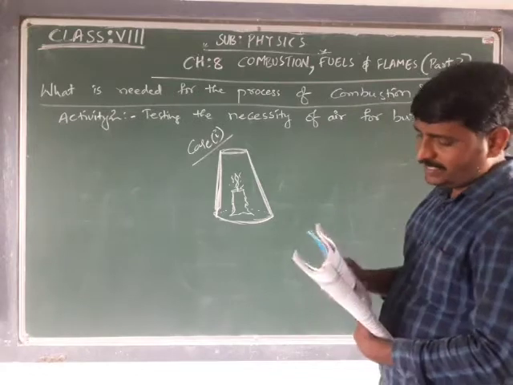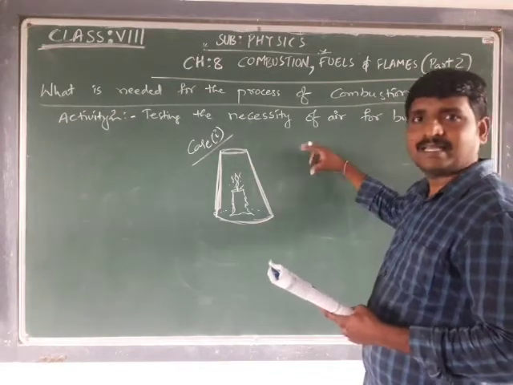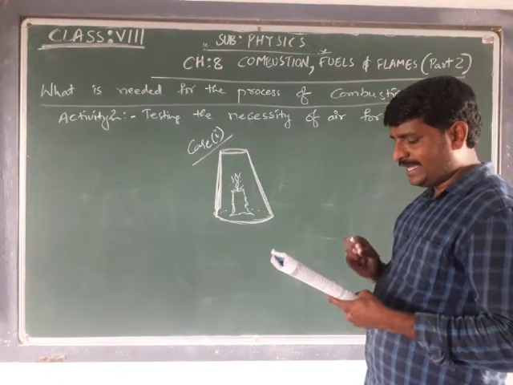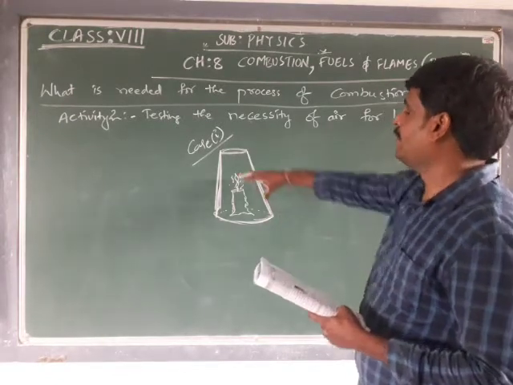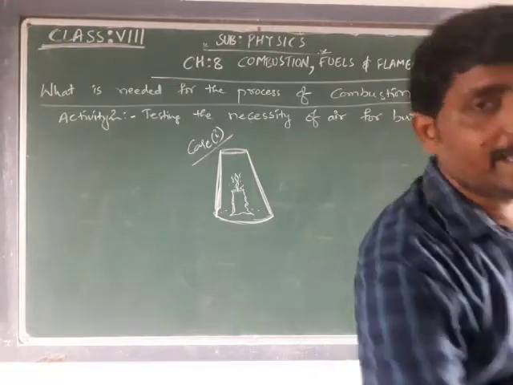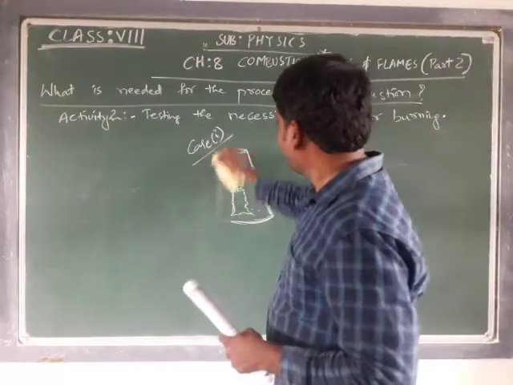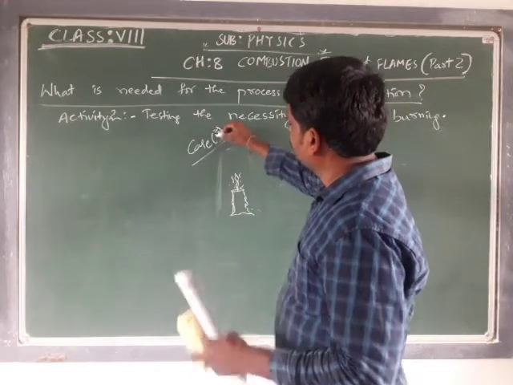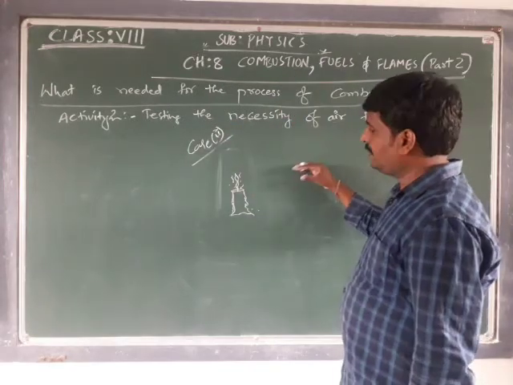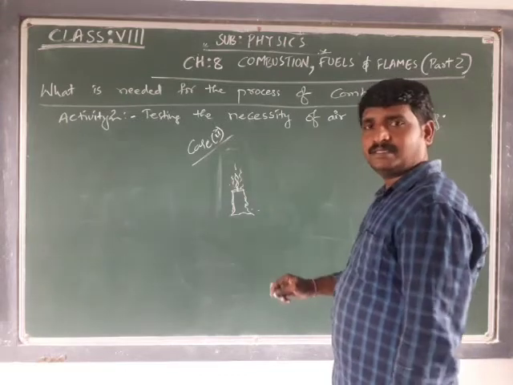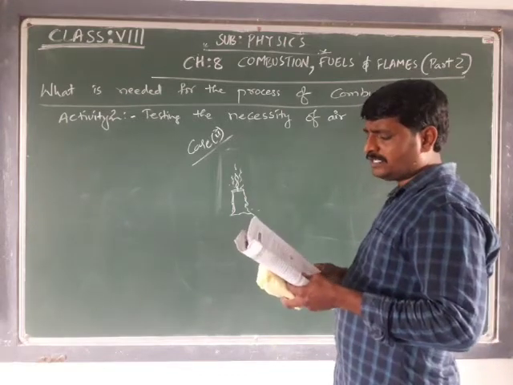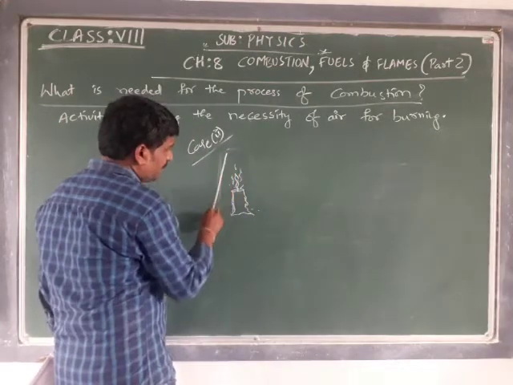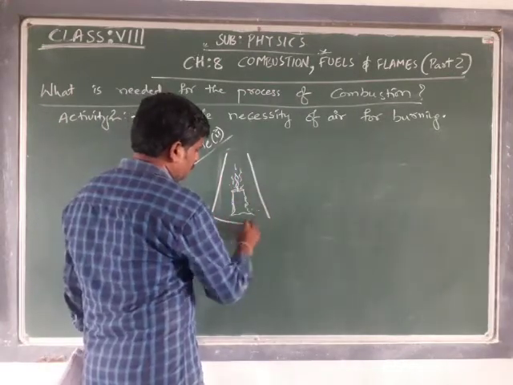Next, in case 2, we have to remove the glass tumbler and again light the candle. Now put the tumbler back over the candle.